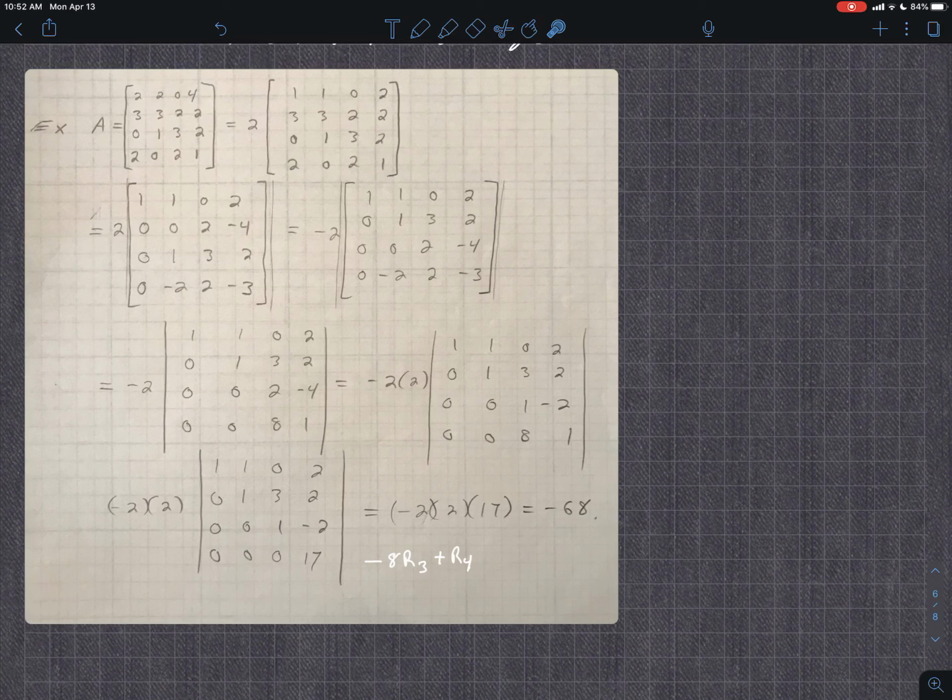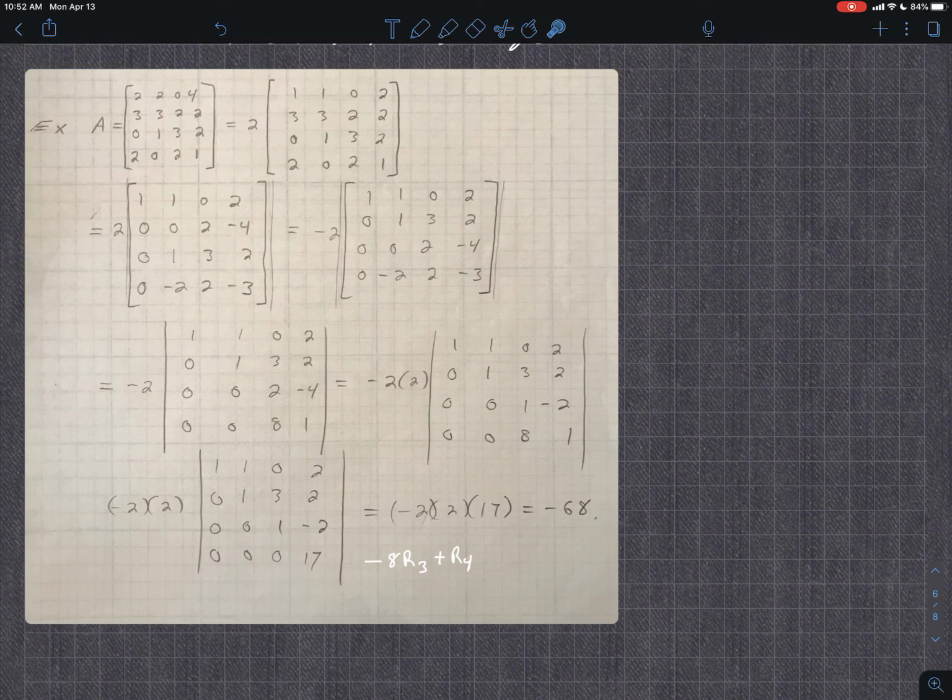So you just factor out that -1. And then from here to here, again, it's a row operation, so it doesn't change anything, to 0 out this entry. And then the last entry I went in and wrote down: it's -8 row 3 plus row 4, to give you a 0 here.